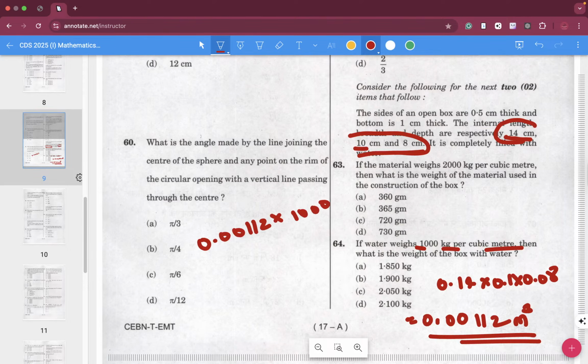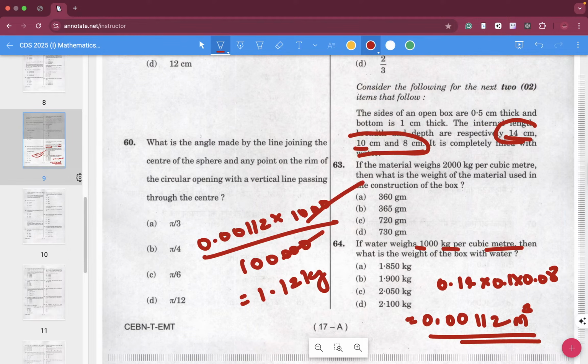This 3 over here goes with this 3, so what you are left with is 1.12 kg of water is there in that box.